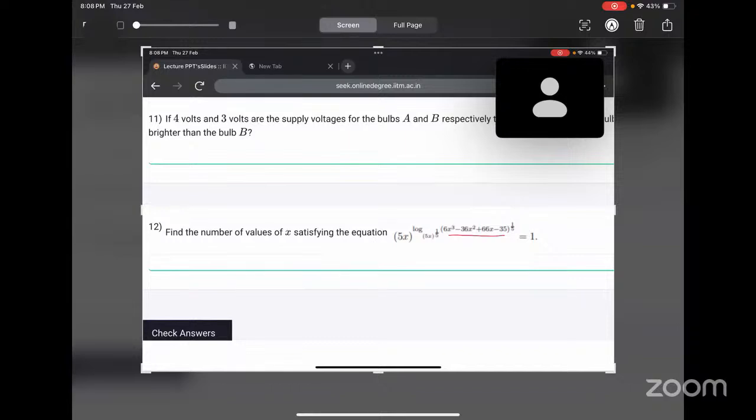So we took log 5x both sides, log 5x 1, then this cancelled out and it became log of this equals to 1. Then I took this equals to 0.